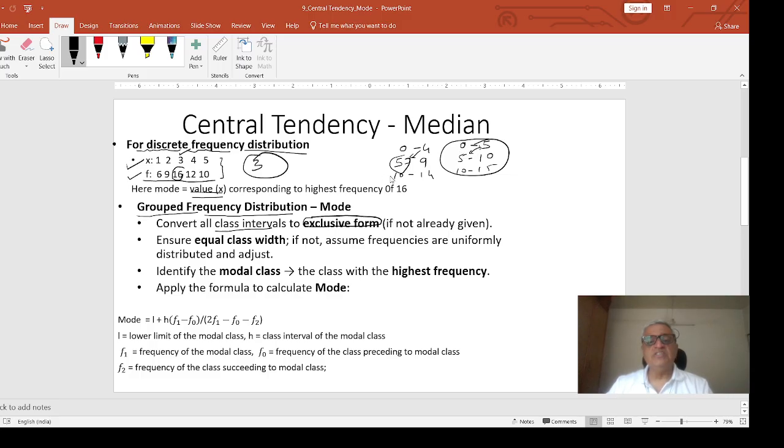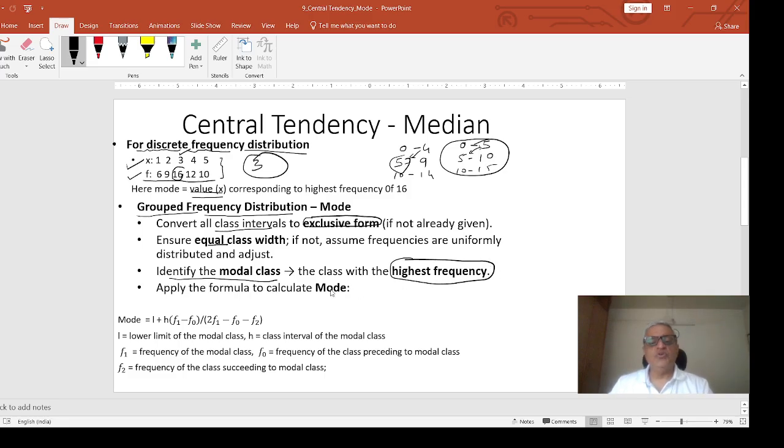So if class intervals are not exclusive, convert them into exclusive. If class width is not equal or uniform, convert it into uniform. After that, identify the modal class with the highest frequency.